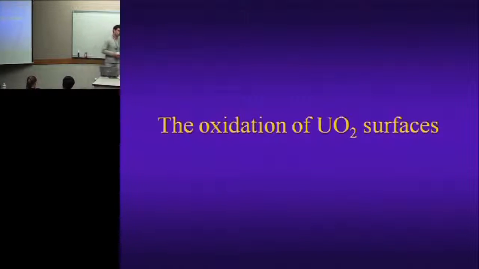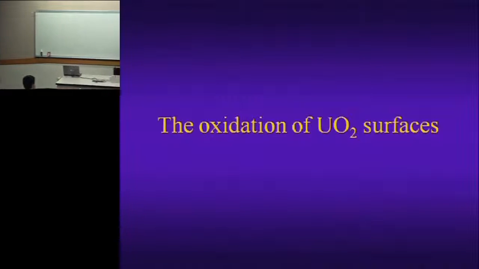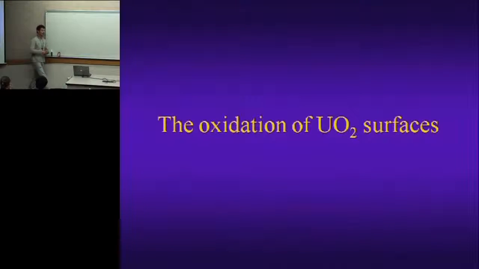Another growing research field in our group is working on actinides. What we do is finding the corrosion mechanism of UO2. Essentially, you take your spent nuclear fuel, which politically correct is now called used nuclear fuel, which is supposed to indicate that you can reuse it and not just throw it out.